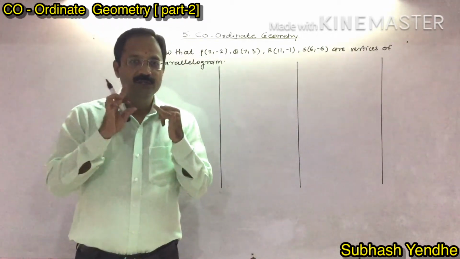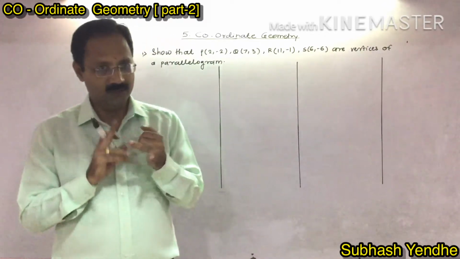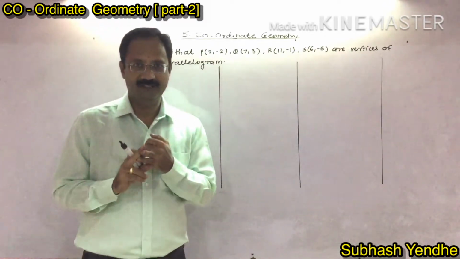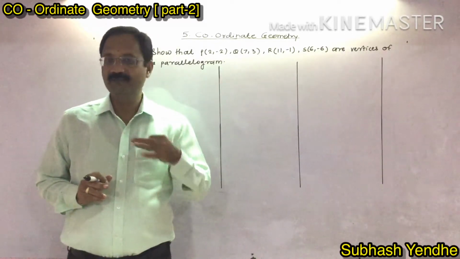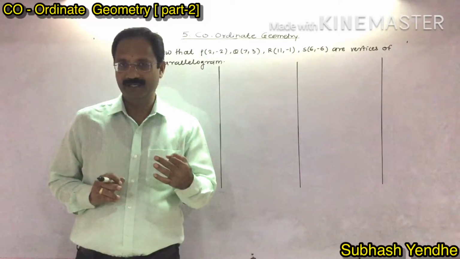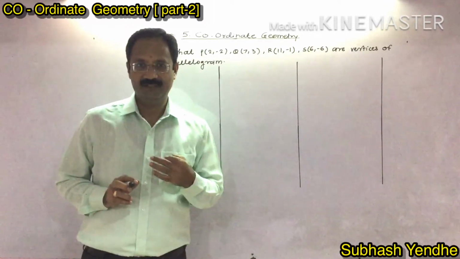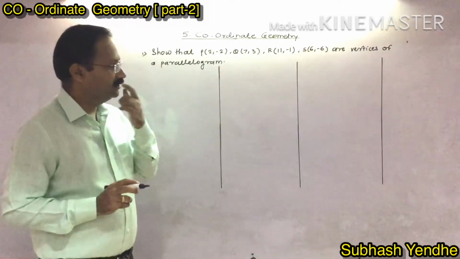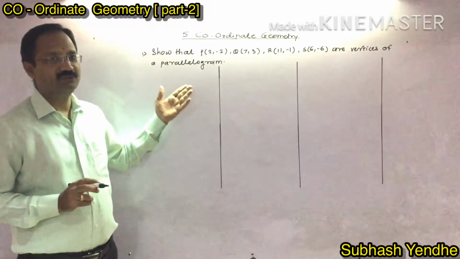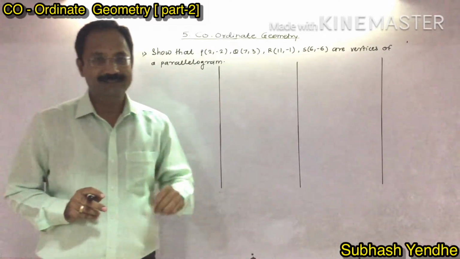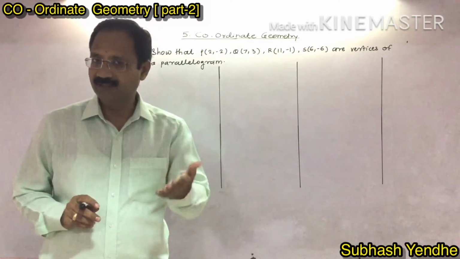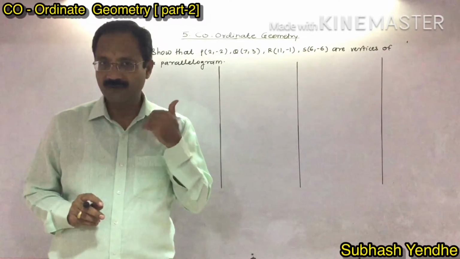Second, to show that points are collinear. And third, if the distance is given, to find the coordinate. Today we are going to see the next use of the distance formula: to show the type of triangle or the type of quadrilateral.